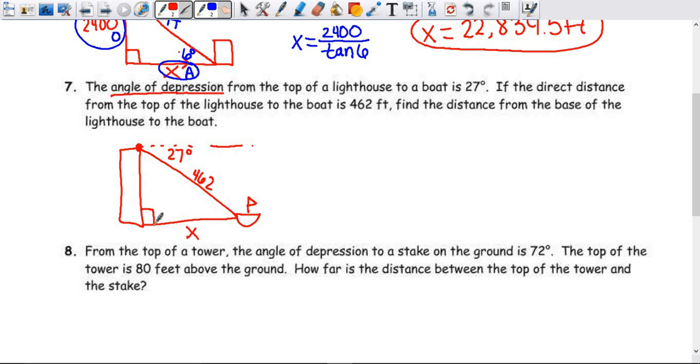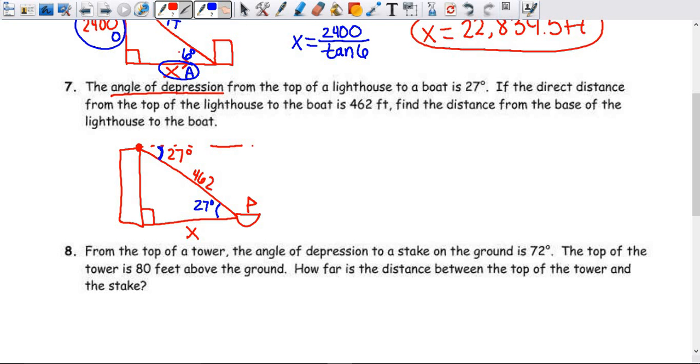I like to draw my picture as I'm reading the statement, adding something new to it as I'm going, or else it's a lot of information that they are giving you. So again, I don't have an angle inside my triangle right now, but this 27-degree angle of depression will also be down here because of alternate interior angles. So I'll put 27 degrees, and then I will start my trig.